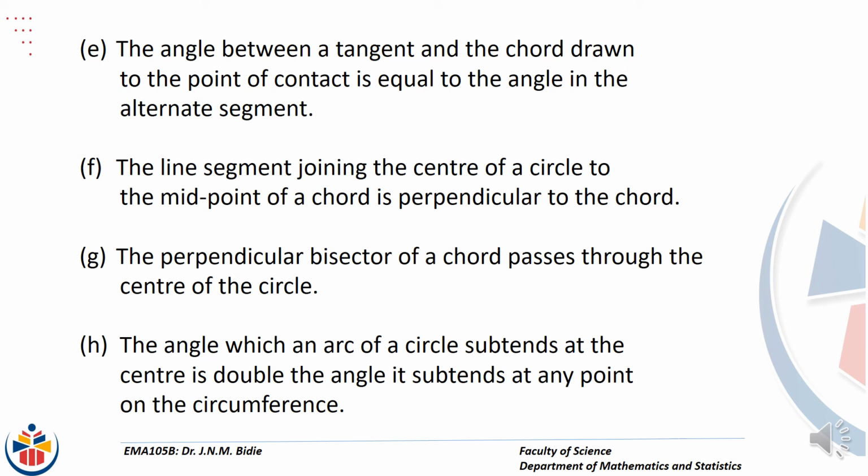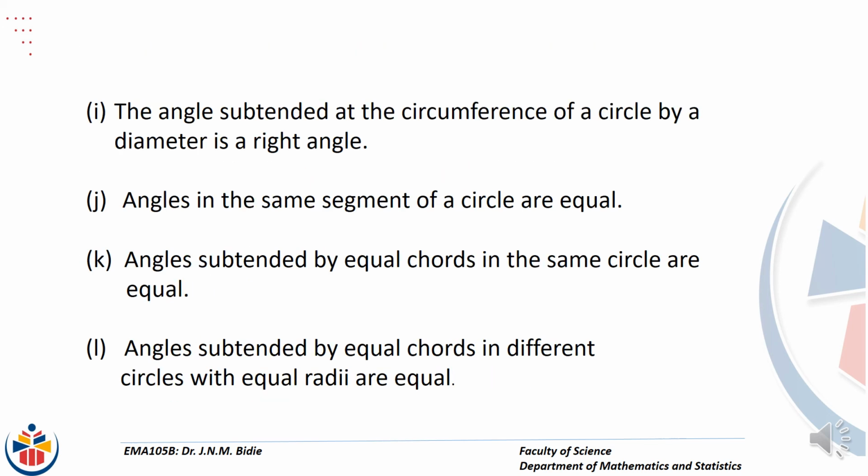The angle which an arc of a circle subtends to the center is double the angle it subtends at any point in the circumference. The last ones: the angle subtended at the circumference of a circle by a diameter is a right angle. The angles in the same segment of a circle are equal.